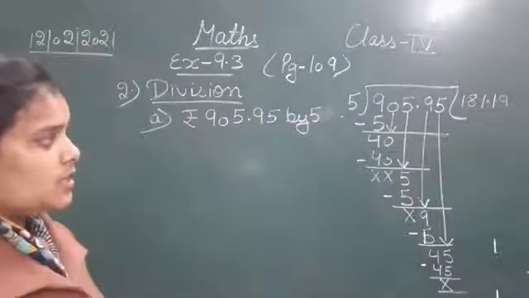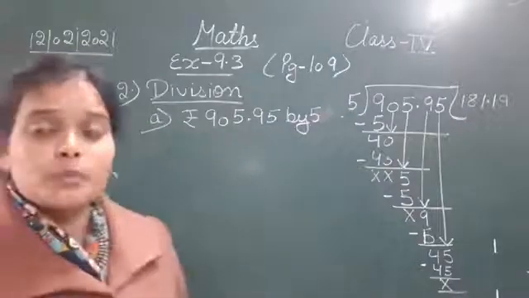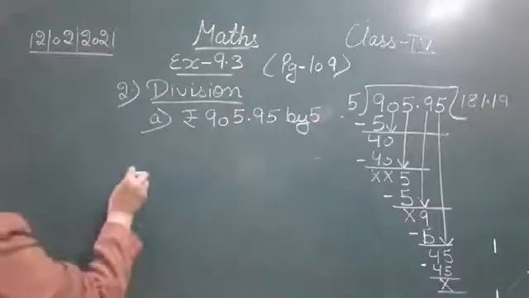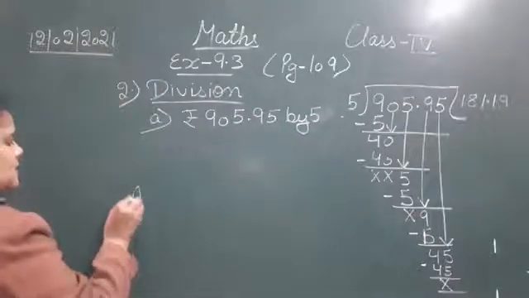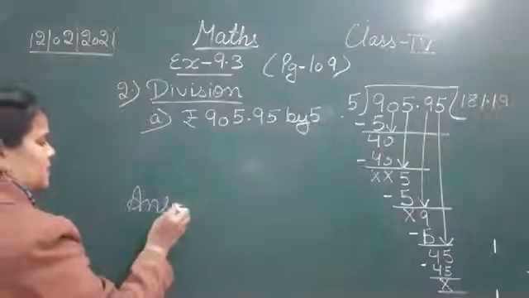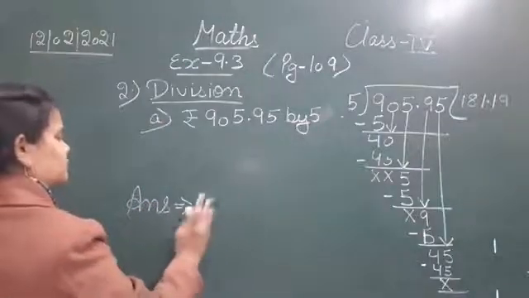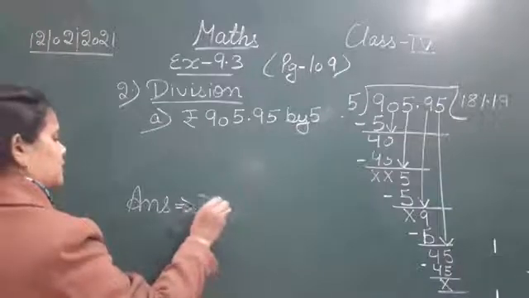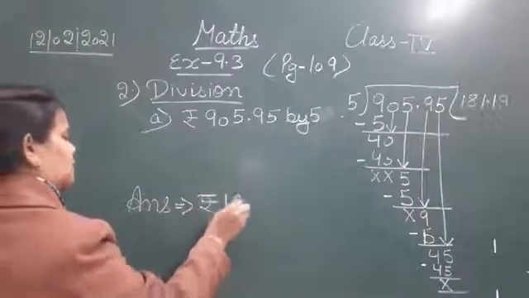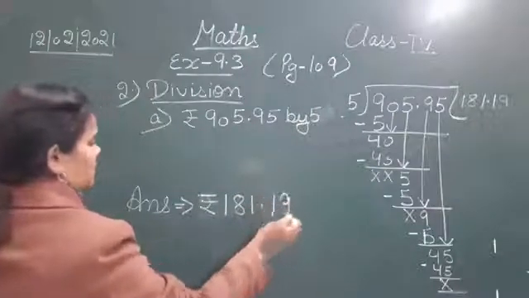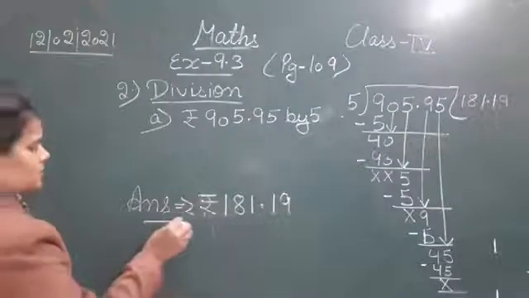So the answer is 181 rupees and 19 paise. We will write the answer separately as well. That answer is 181 rupees and 19 paise. So this is your answer.